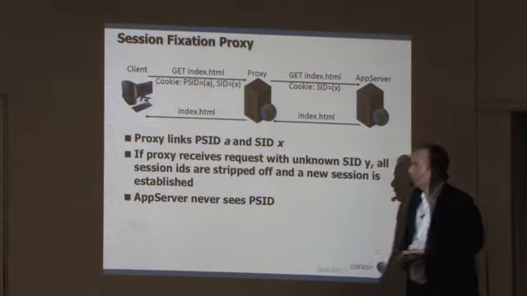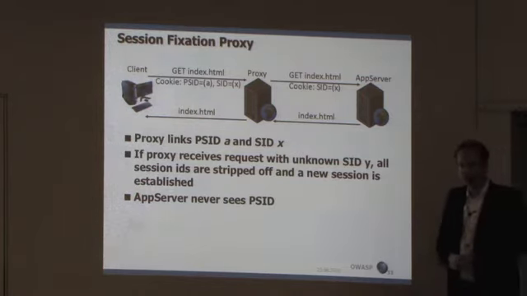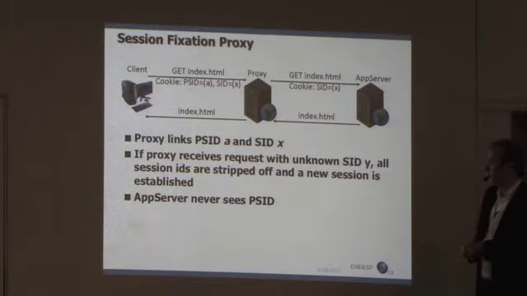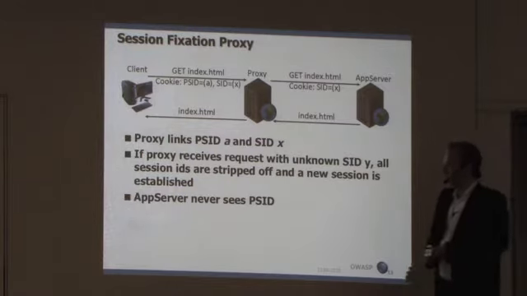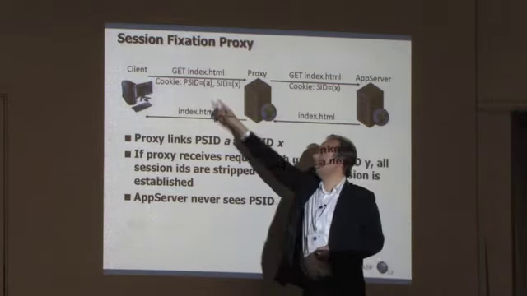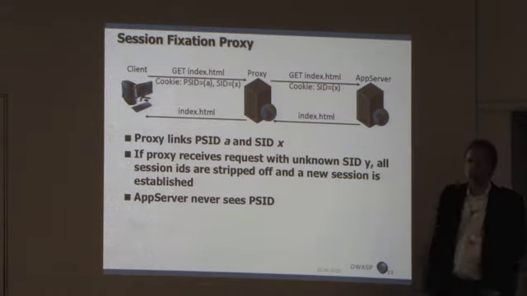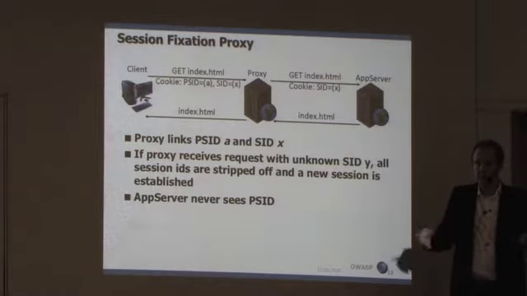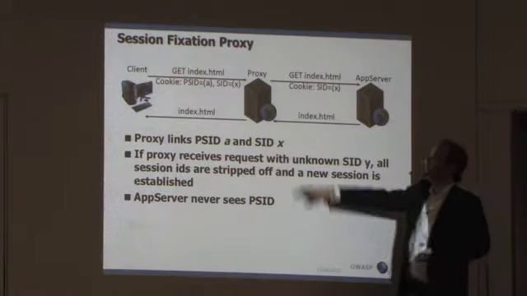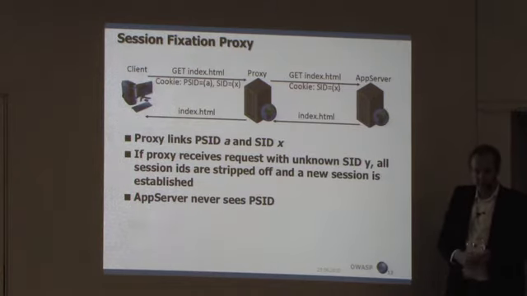Once it receives a request with only an SID in it, it will throw that away and will establish a new session which has a PSID in it. And it will also generate an SID that is linked to that PSID. The PSID will be stripped off on the proxy side, so the application server can remain unchanged and unmodified.